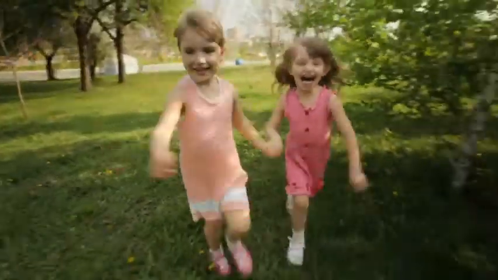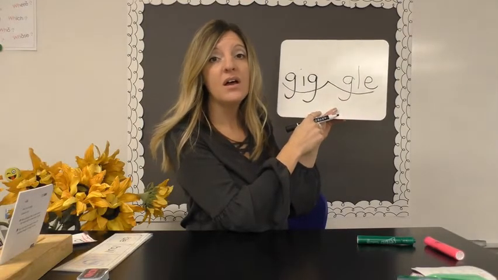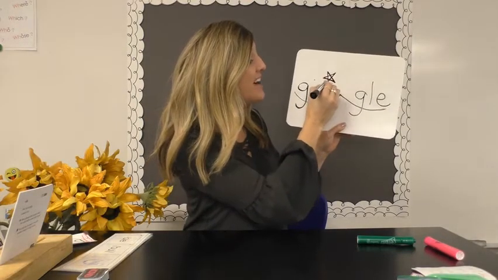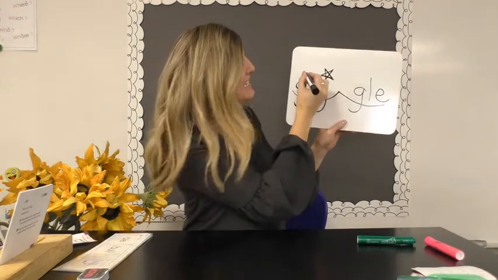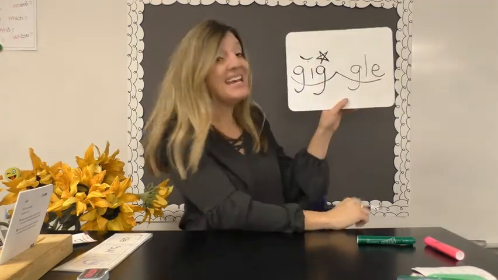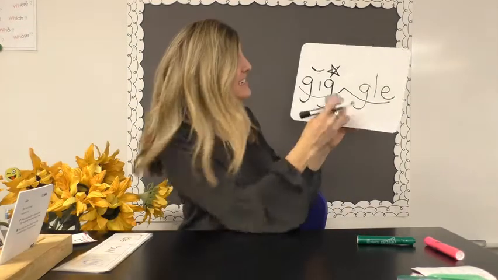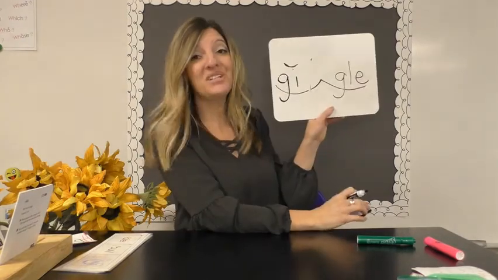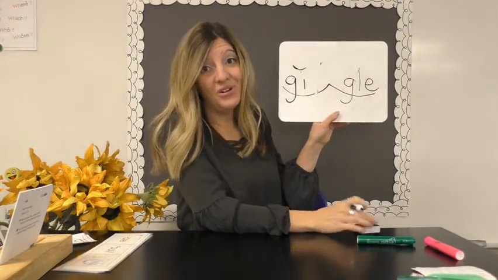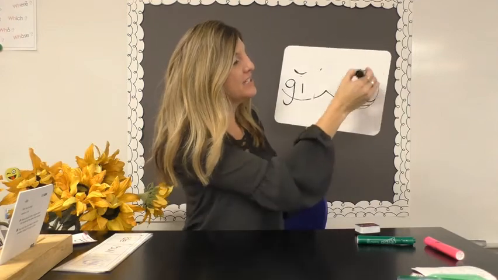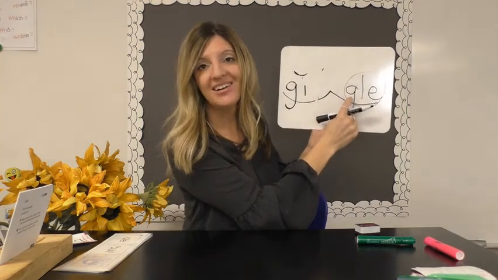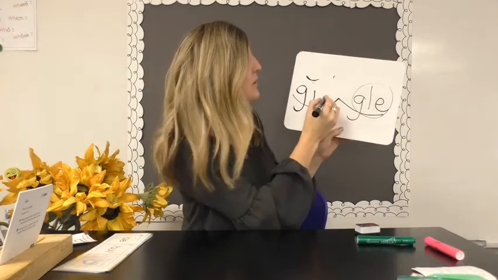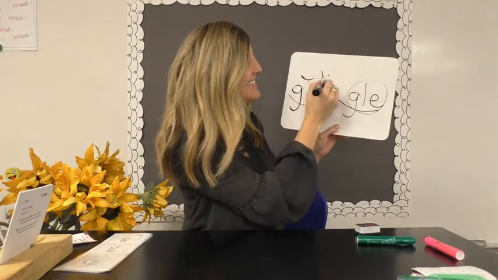And even if when I say giggle it doesn't really sound like I'm saying gig-gull, I know that I have to have that consonant G to keep this I short. If I didn't double the G, what would this word say? This would say giggle, because this is a stable syllable and I can't use this consonant sound in my first syllable. So I'm going to say the word is giggle.